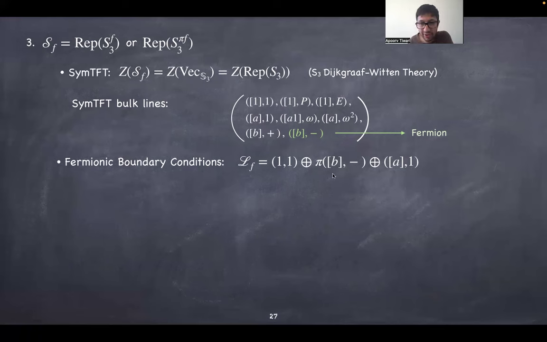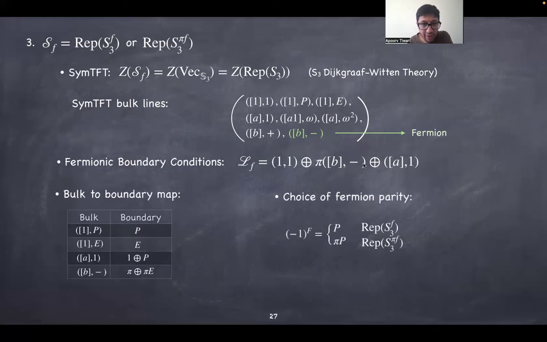And there are 2 choices. I've just listed one here. On the boundary, the symmetry category that we get has Rep S3 symmetry tensored with SVec. The Rep S3 is generated by 1, P, pi, and then there's 1, P, E, and then there's this pi line which comes from the SVec factor.